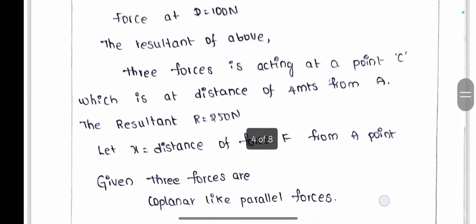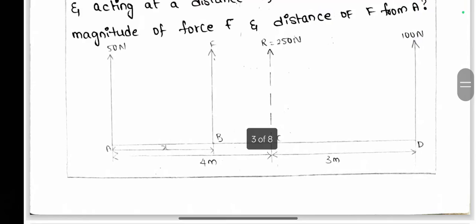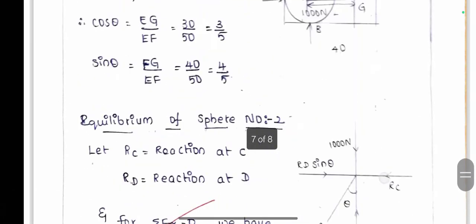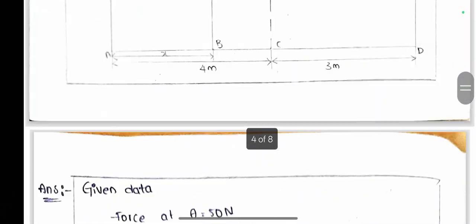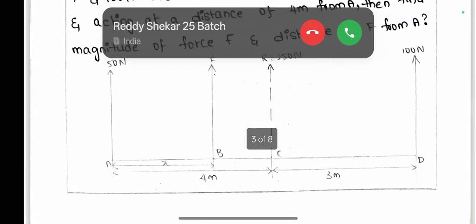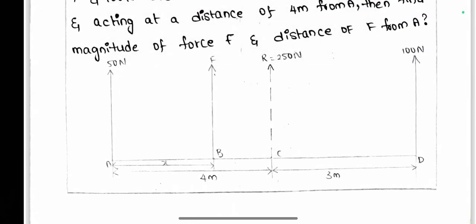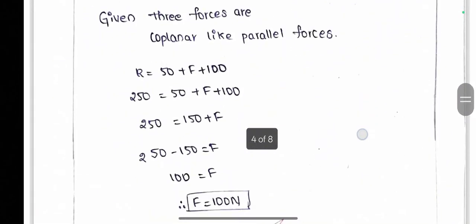From here, moment at point A: the clockwise moment of the resultant R into 4 is equal to 50 into 0 plus F into x plus 100 into the overall length 4 plus 3, which is 7.